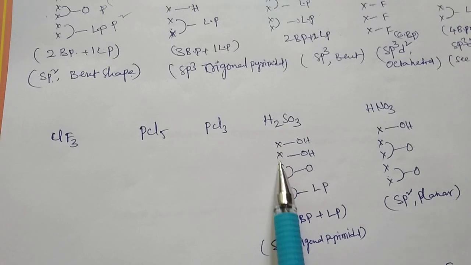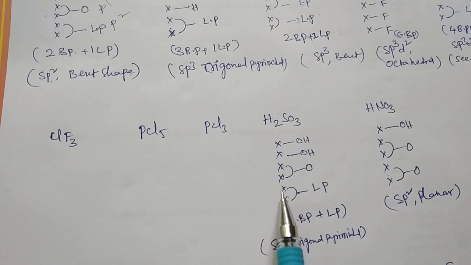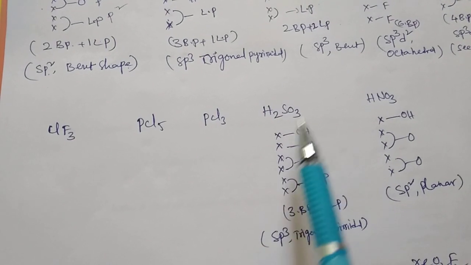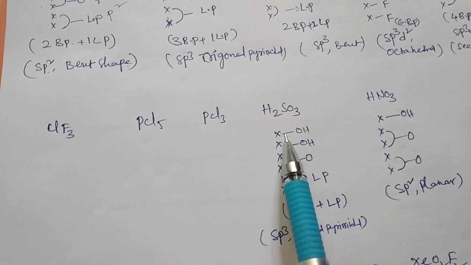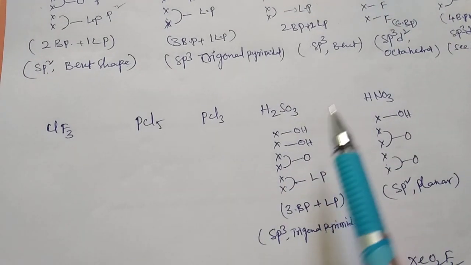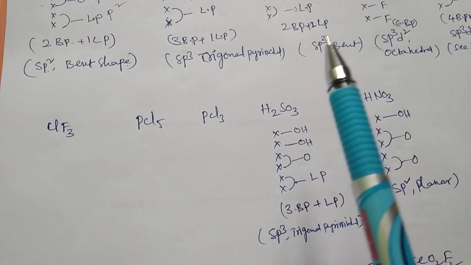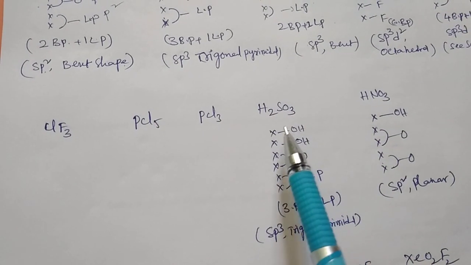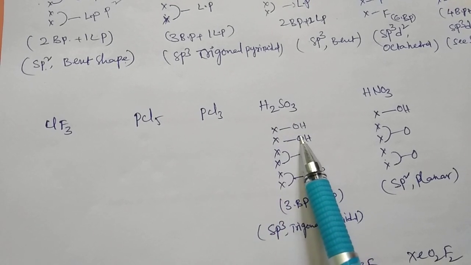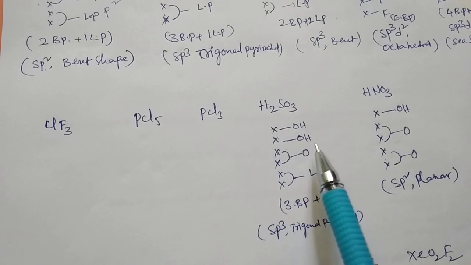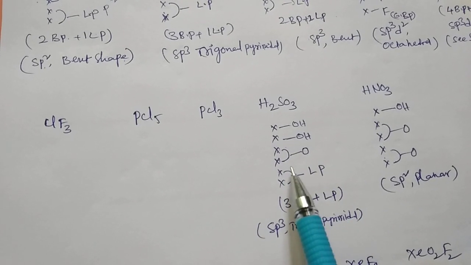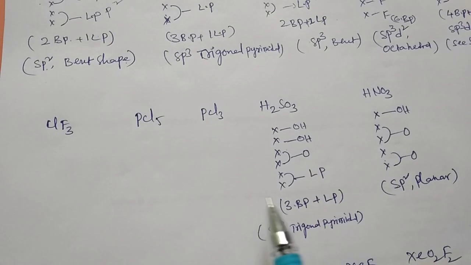You take the 6 electrons, 1 2 3 4 5 6, and 2 H are there. In the structure, 2 hydroxy groups are attached to the sulfur and 1 double bond attached to the oxygen. So 1 electron with OH, another 1 electron with OH, and 2 electrons with 1 oxygen. So how many? 3 bond pair, 1 lone pair. 2 electrons is 1 lone pair.